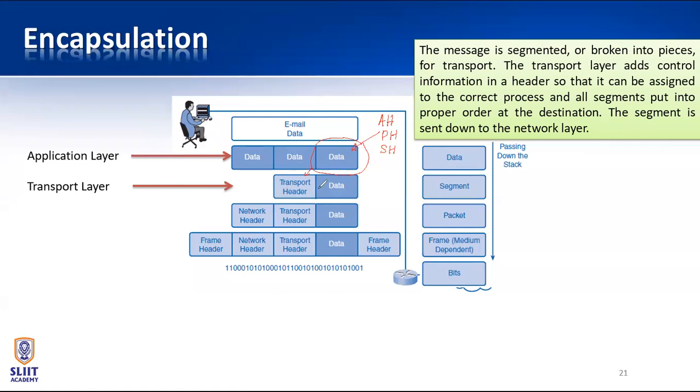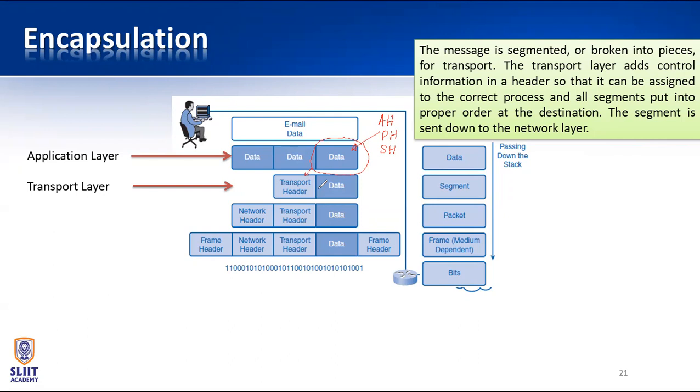So what are the things that we do under this transport layer? It will add information about the number of segments that it is handling, right? Because there should be a sequence. When you break the message into pieces, you should have a proper sequence. Otherwise, when you receive the letter or the email at the end, the receiver should be able to read the correct information, right?